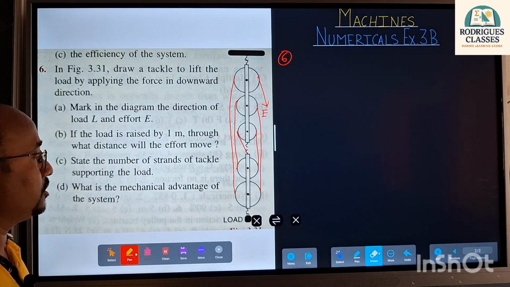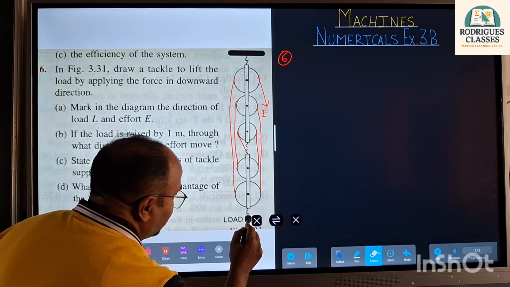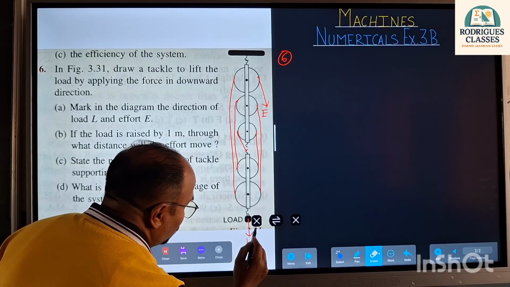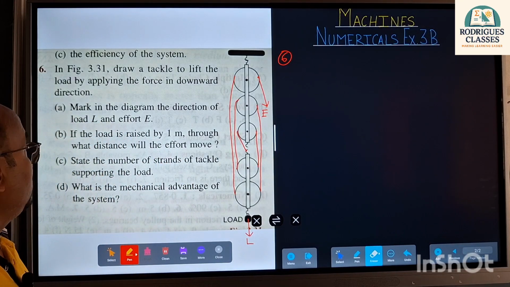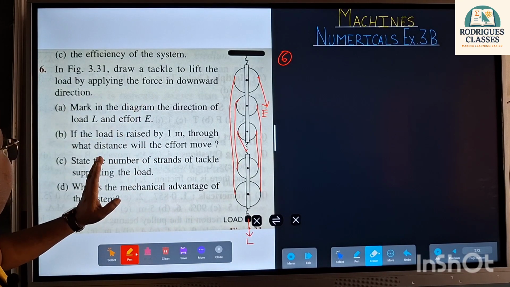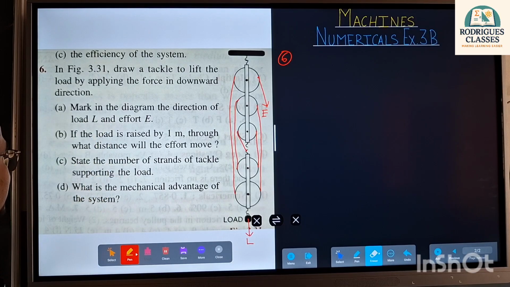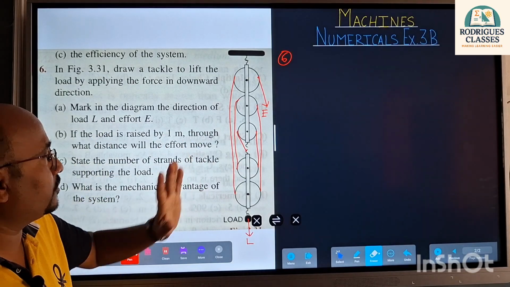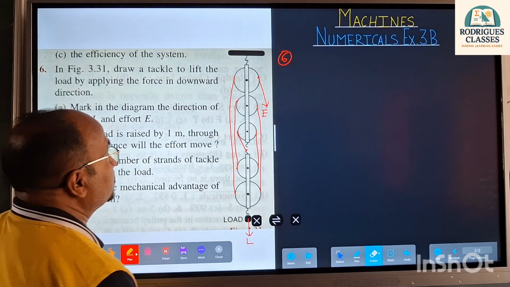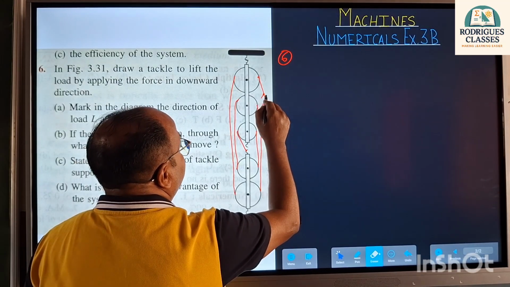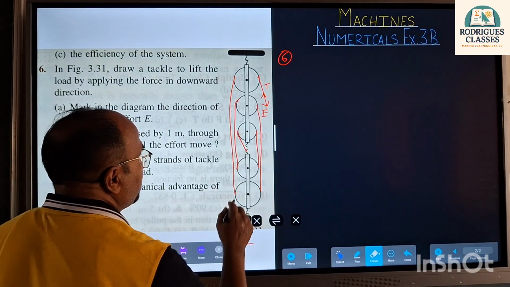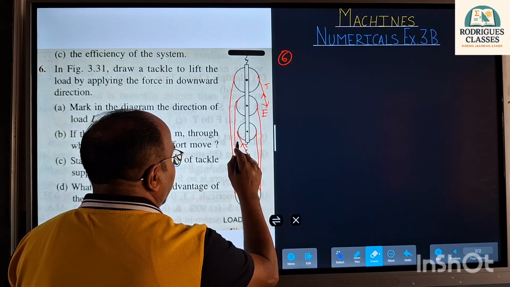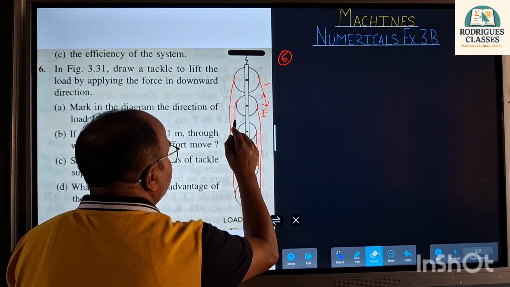This effort direction I have shown here only. You have the load here, so load will be shown in this way. So the drawing has been done, marking of the load and the effort is done. I will here only first of all show all the tensions which are acting. This effort will be balanced by this tension. Here a tension will be acting in the upward direction.